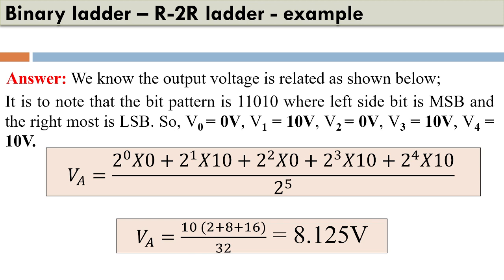Now this was extended to a 5-bit ladder network. This will remain the same whether you are discussing a 2-bit ladder network or a 3-bit ladder network or a 4-bit ladder network or a 5, 6 or n-bit ladder network.